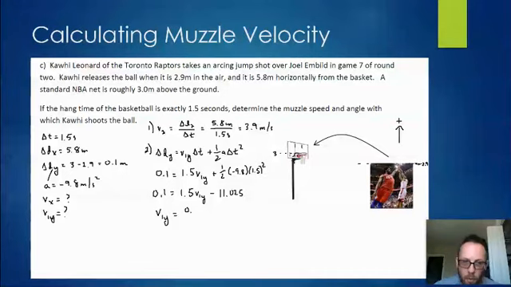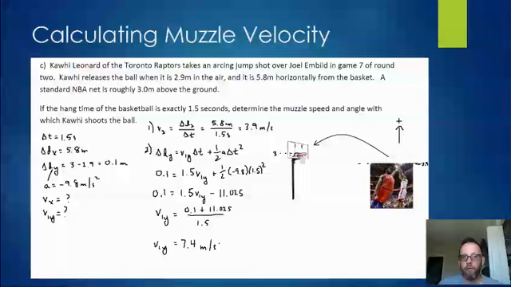So I'll take 0.1, I'll add my 11.025. And if I divide by 1.5, that'll isolate V1y for me. So V1y is, you should do it too. I got about 7.4 meters per second.